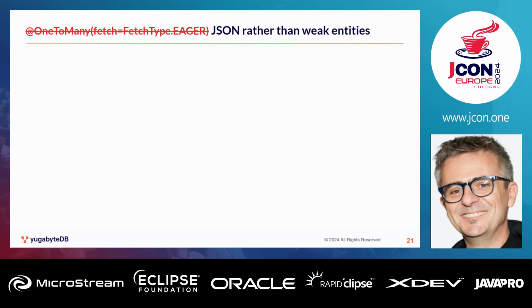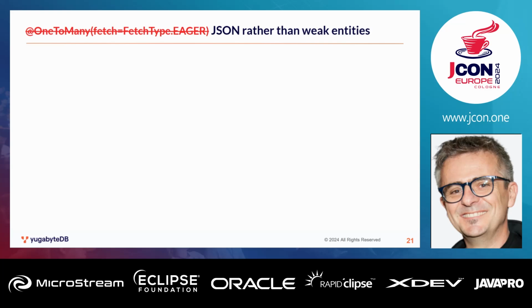Another thing that I mentioned is that fetch type eager is probably not the best, because with that, you define that every time you read the entity, you will read all the children, for example. Think about it. If you have an entity where you always read the child rows, then maybe you don't want to map that in two relational tables.